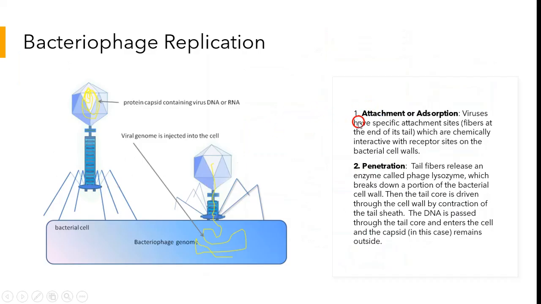The first step here is what we call attachment or absorption. Again, remember that's the same term we used for an animal virus. So what's going to happen is you're going to have proteins. Let me point out here, I'm going to stop for just a moment. You see how this virus looks very unique and weird? This is what we call a complex virus. It may have a very unusual, strange shape, and that is what this one is. These tails are spikes or proteins.